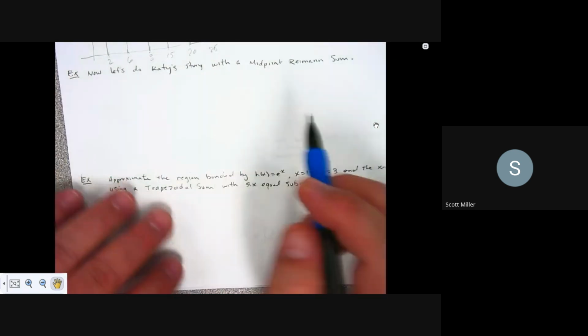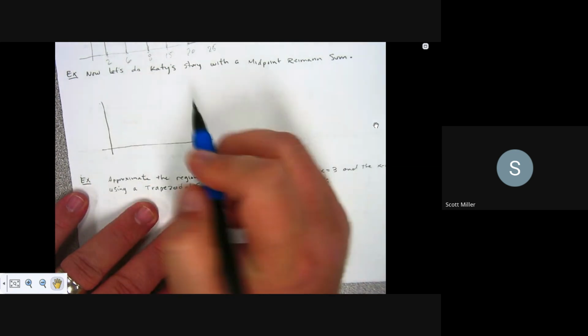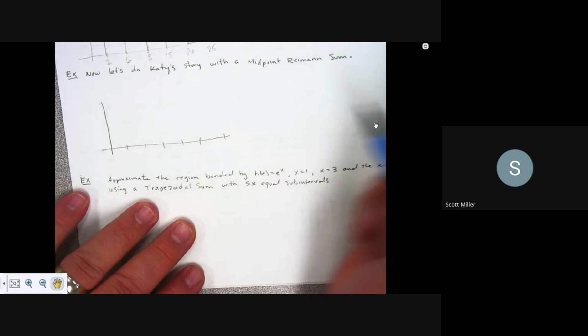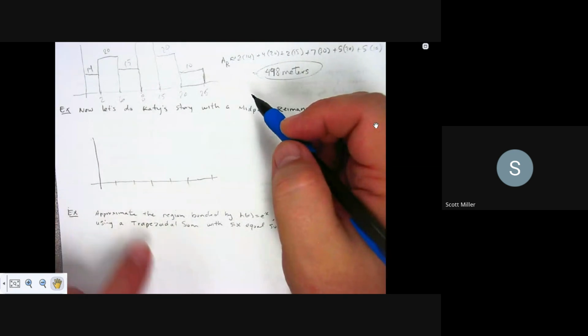Here we go. So now we're going to do what? Now this one's a little bit harder to do because I need a midpoint. Which means I only have so many points. I have 0, 2, 6, 8, 15, 20, and 25. So I'm not going to be able to get 6 rectangles because I need a midpoint. So I have to use 2 of these spaces to represent one rectangle.